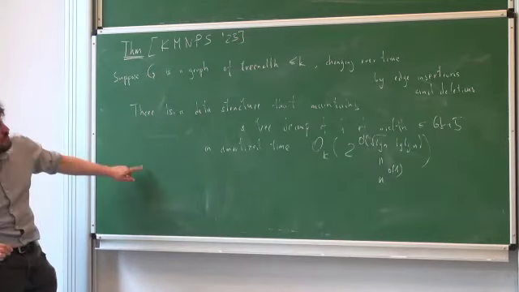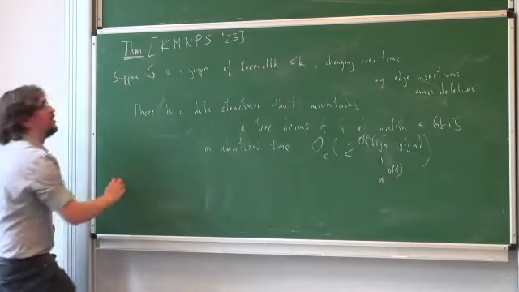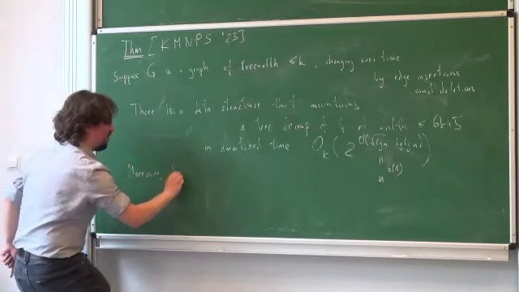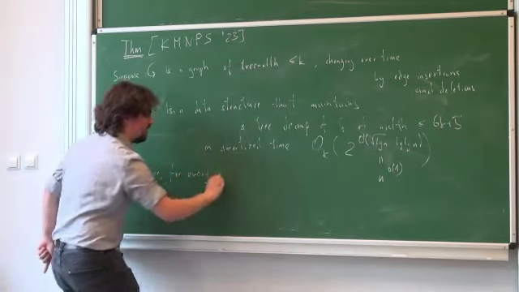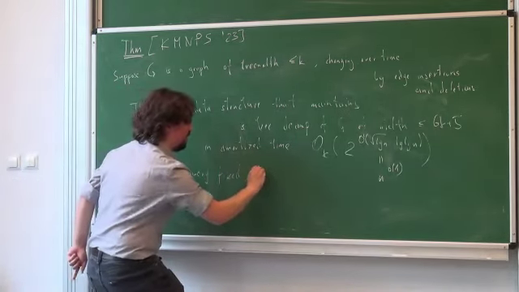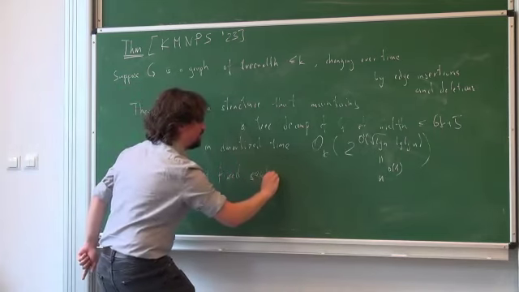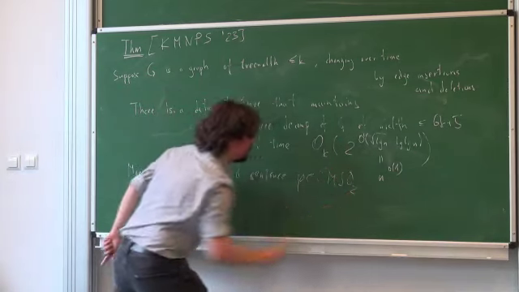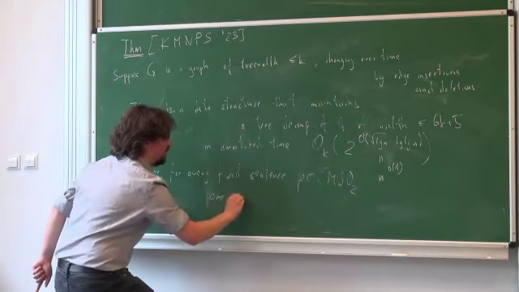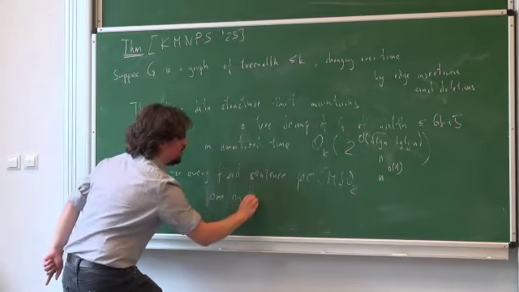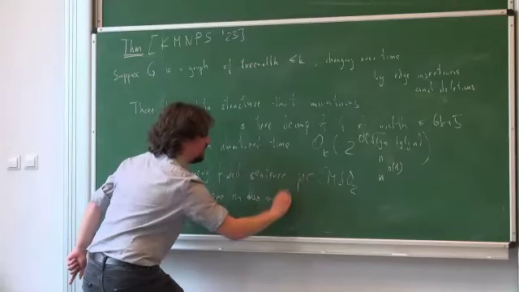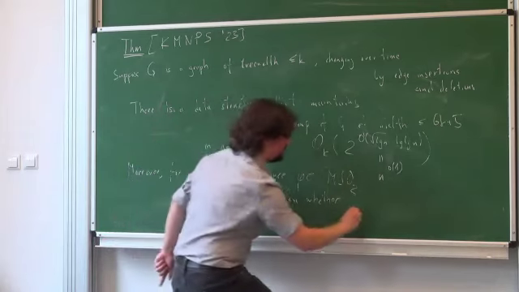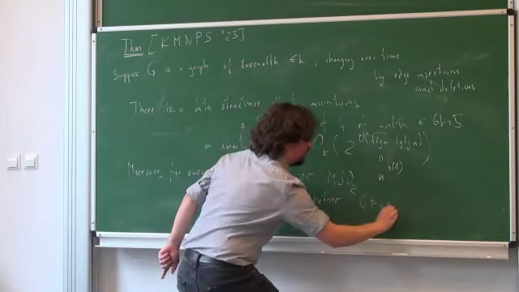So this is the very first one. I did not finish, I still have space here. Moreover, for every fixed sentence phi of logic CMSO2, one can also maintain whether the graph satisfies this.